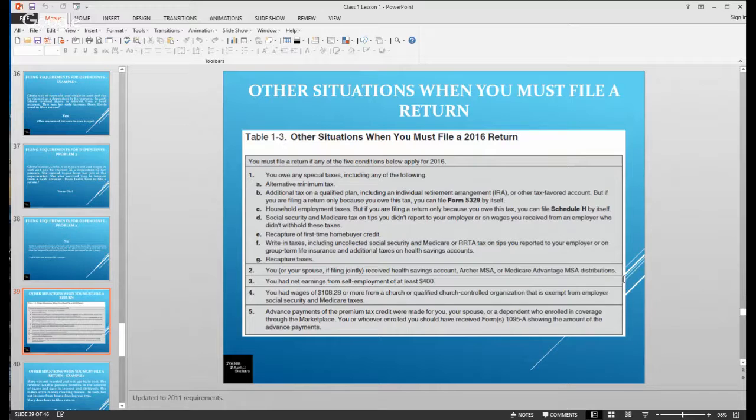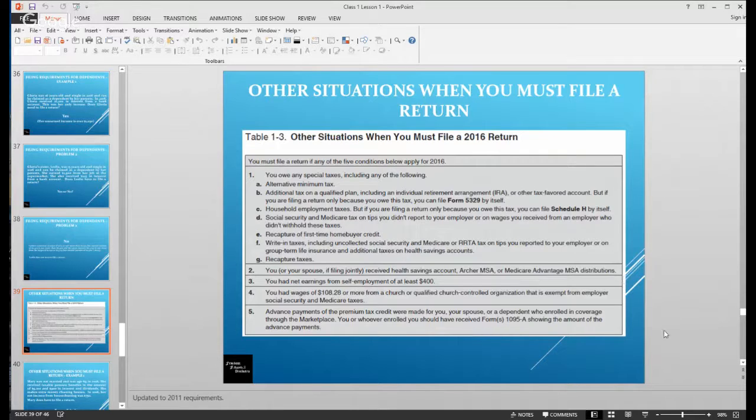The second thing is if you or your spouse, if you're filing jointly, received a health savings account, an Archer MSA, or Medicare Advantage MSA distribution. In that case, you would also need to file a return, or if you had net earnings from self-employment of at least $400. Then if you have wages of $108.28 or more from a church or qualified church-controlled organization.